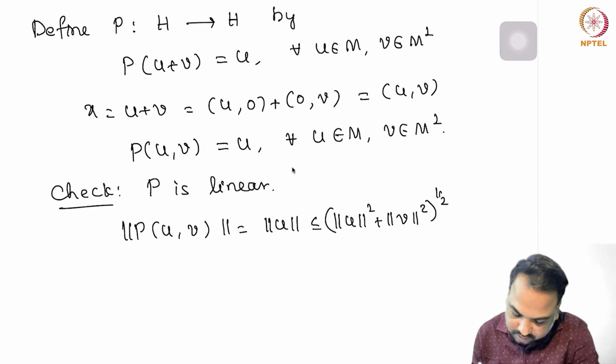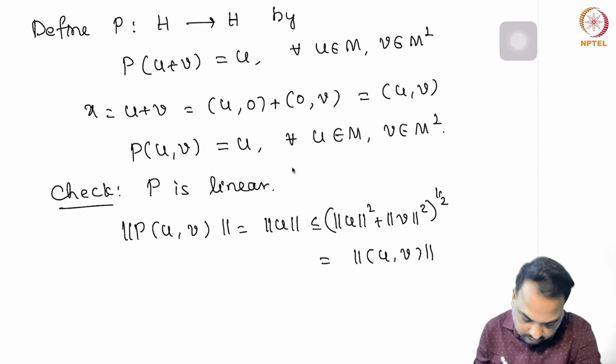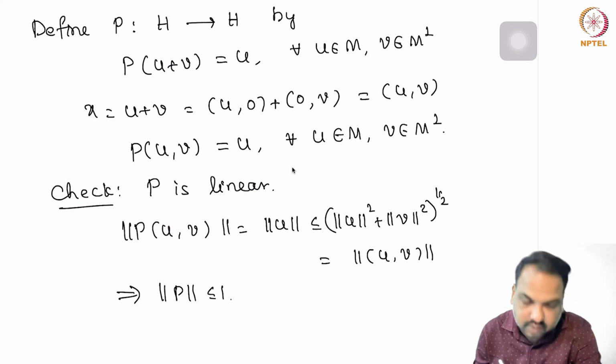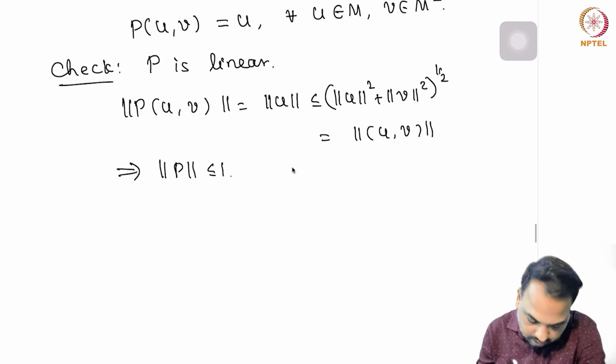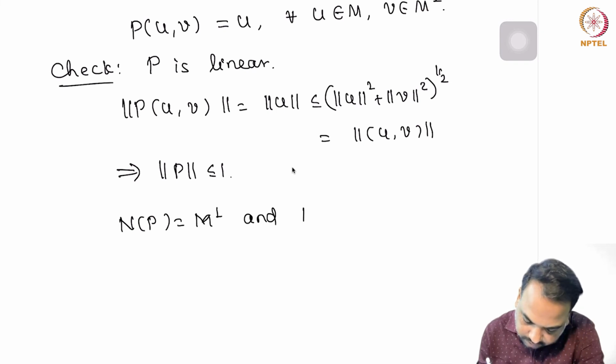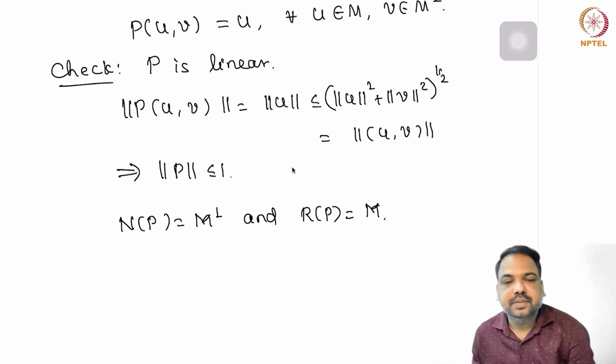This is norm of (u,v). So we can conclude that norm of P is less than or equal to 1, and here we can easily show that null space of P is exactly M perp and range of P is exactly M.